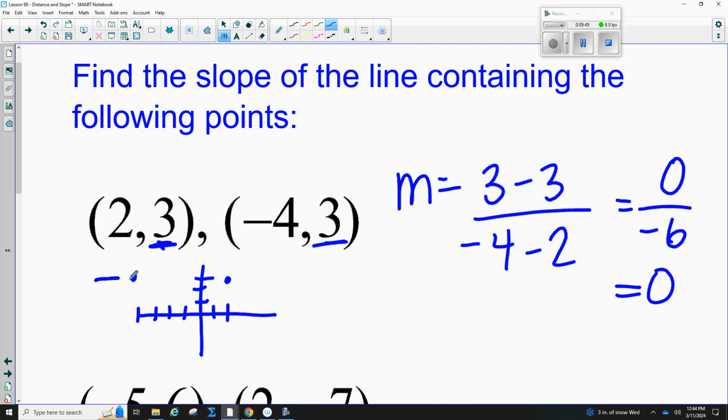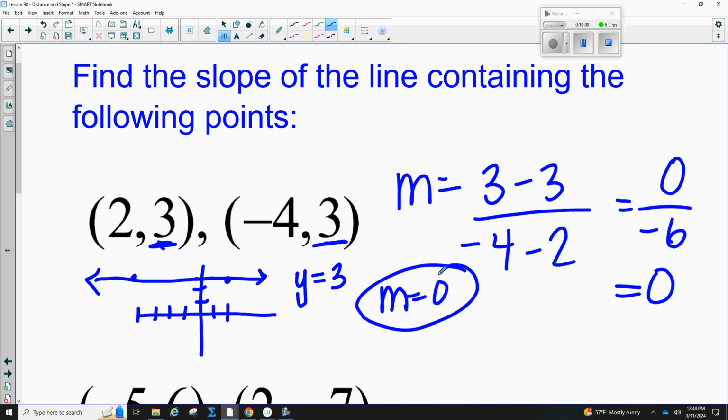This is a slope of 0. Is this an x or a y graph? It cuts through the y-axis at 3, so it is a y graph. Every single y graph has a slope of 0, because it cuts through the y-axis and it's flat. It has no tilt. Notice I can walk on the ground, 0 slope, not going uphill or downhill.